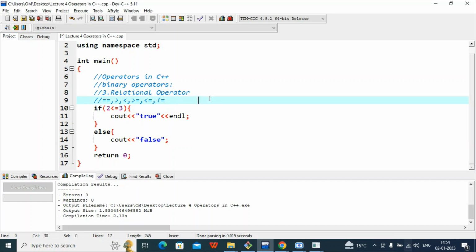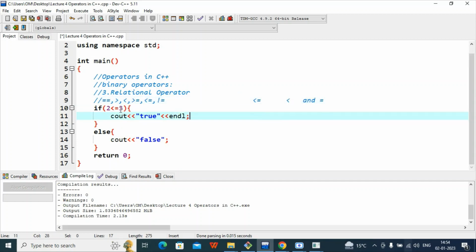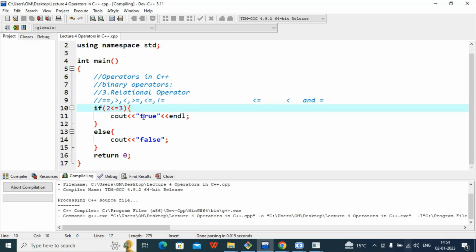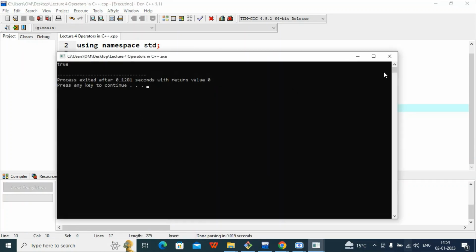Less than equal to consists of two operators, less than and equal to. If any one condition is true, it will give you true. One operator was correct. That's why it gave you true.